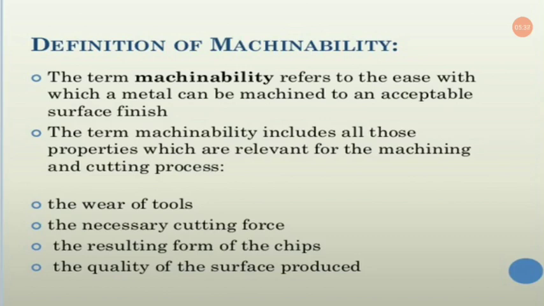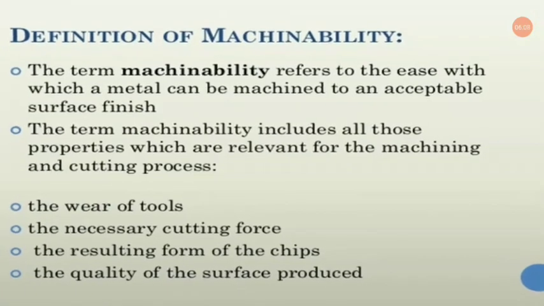Unfortunately, like other characteristics of the material, it is not a simple property. For example, hard work materials are difficult to machine. However, hardness alone would not be able to specify the machinability, since it also depends on other characteristics such as tool materials used, process parameters, etc.